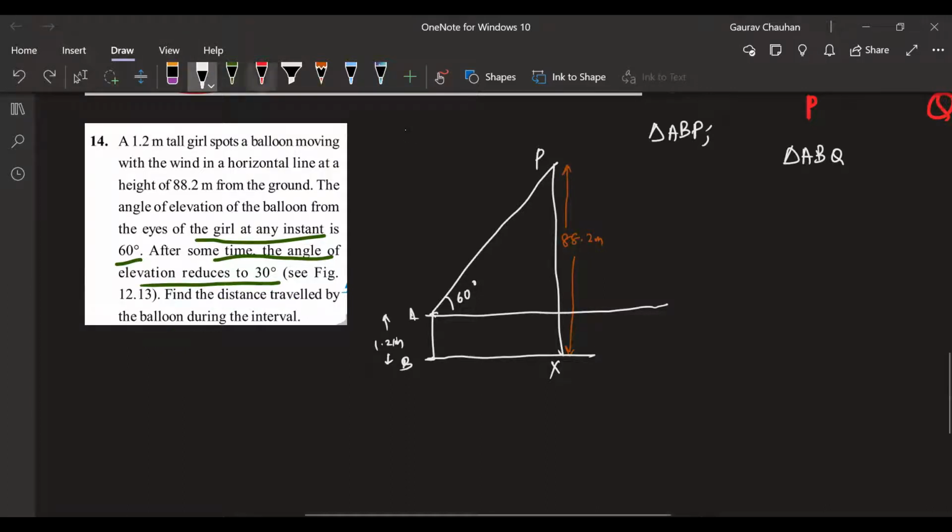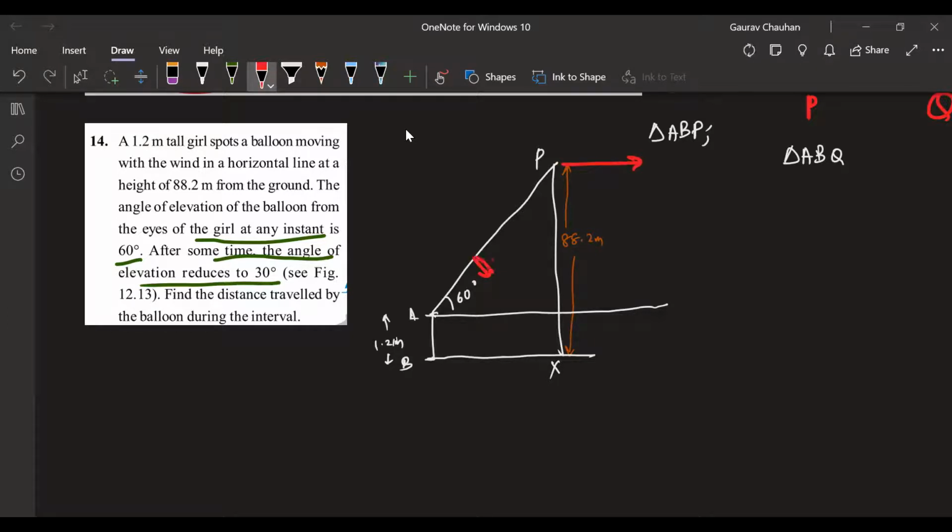So if this angle has to reduce, it will become smaller like this. So the angle will become somewhat like this, 30 degree here, right? People following what I'm doing here? The angle has reduced, which means the balloon has moved like this.